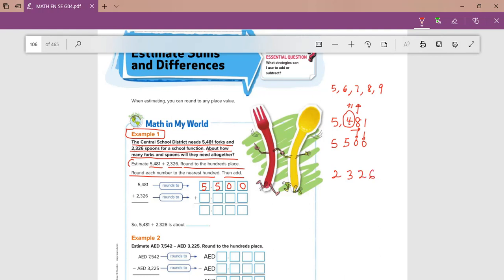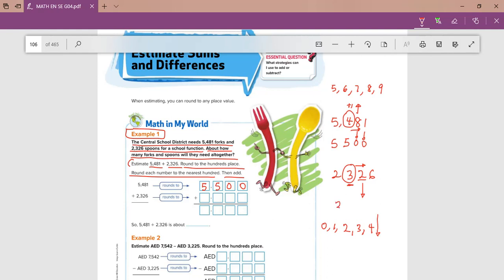The same thing, we have 2,326. The number in the hundreds place is 3. Check the next door. The number you have next is 2. Remember that if the number is 0, 1, 2, 3, or 4, that is, if it is less than 5, you round down. And what does that mean? Do nothing to the number you have circled.